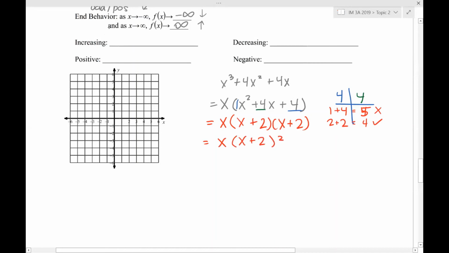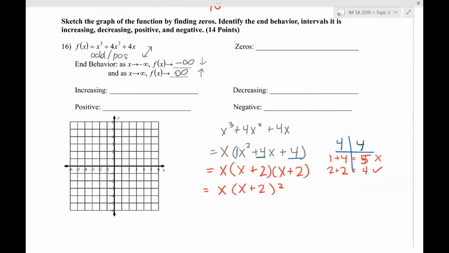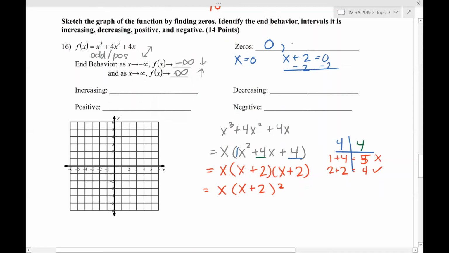So to identify the zeros, I want to take each factor and set them equal to 0. If I set x equal to 0, that means that my first 0 is 0. If I set x plus 2 equal to 0, that's going to give me a negative 2.